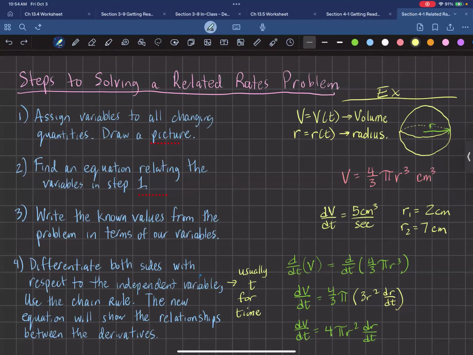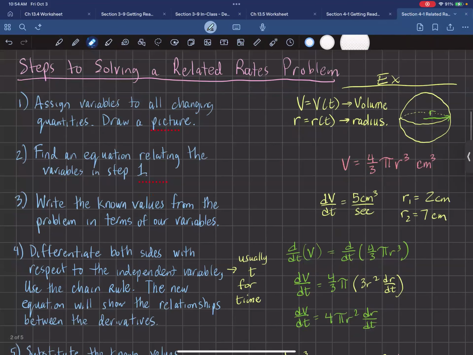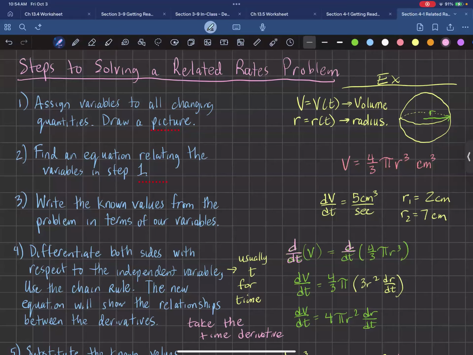So I started with this, and I took the time derivative. That's what we call it, time derivative. If you hear me say that, that means we're doing d/dt on both sides.